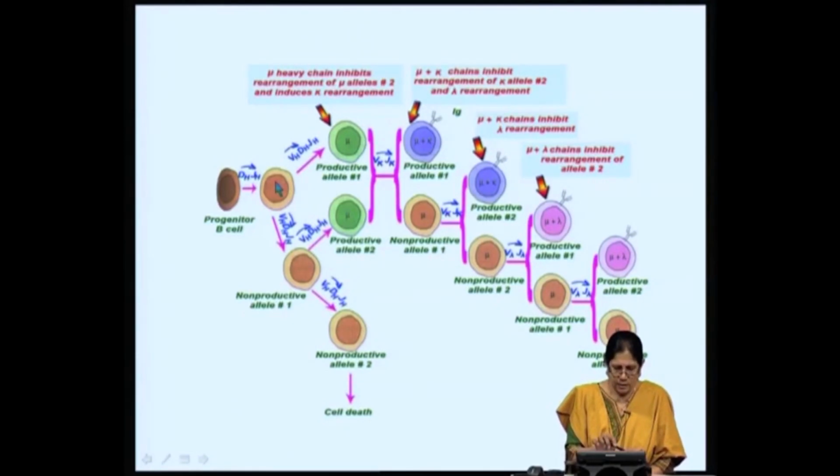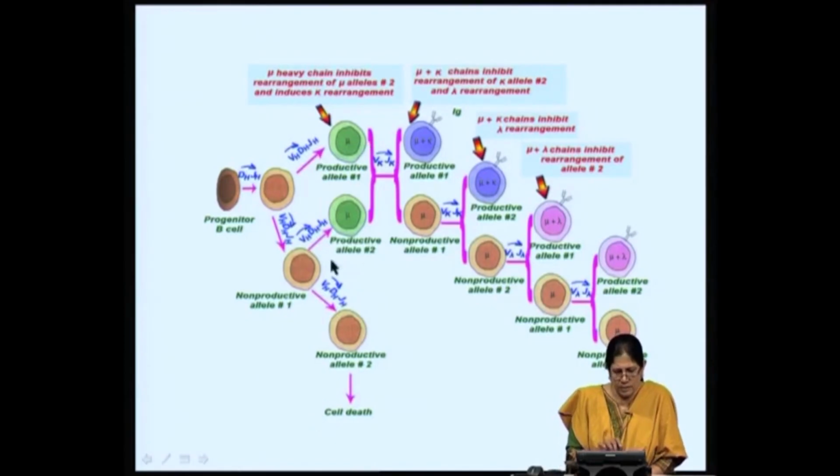In case this recombination cannot take place, then the cell has another chance on allele 2 for VDJ recombination. If this also does not take place, you do not have VDJ recombination, then it is the non-productive allele, even in allele 2, and such cells undergo apoptosis.